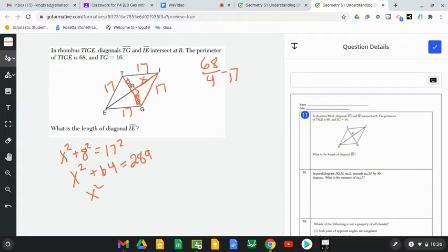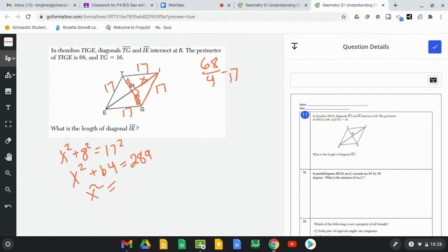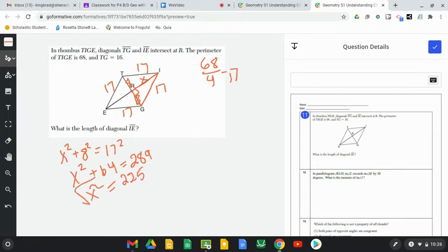X squared equals 289 minus 64. 225. Take the square root of both sides. I get x to be 15.